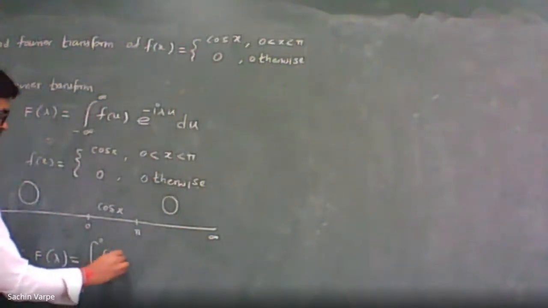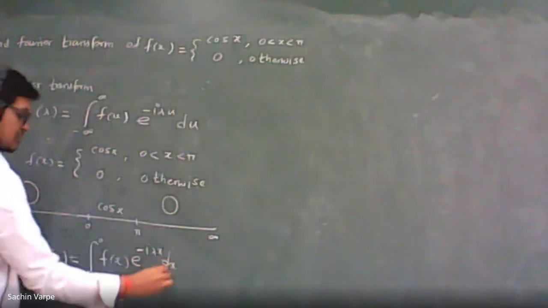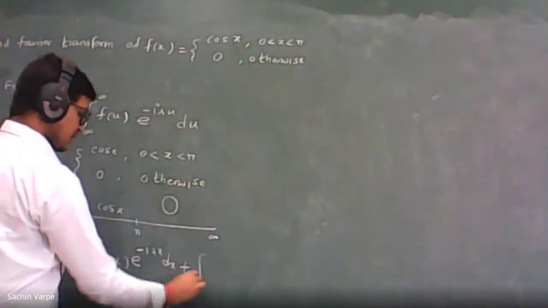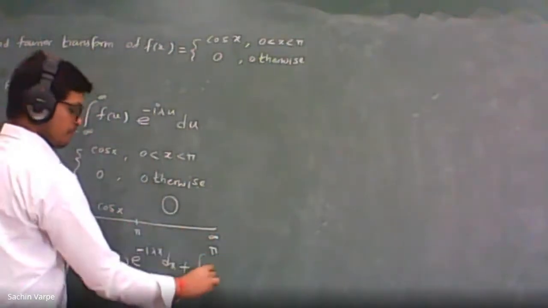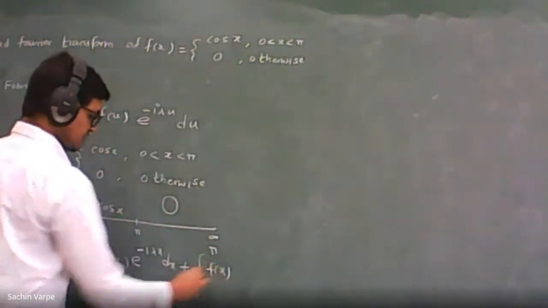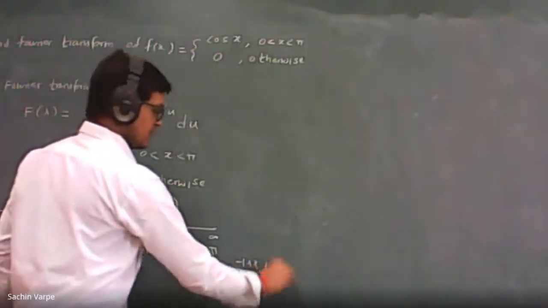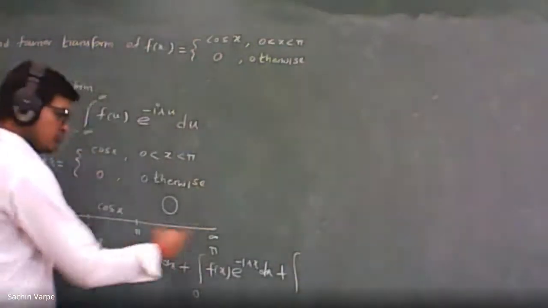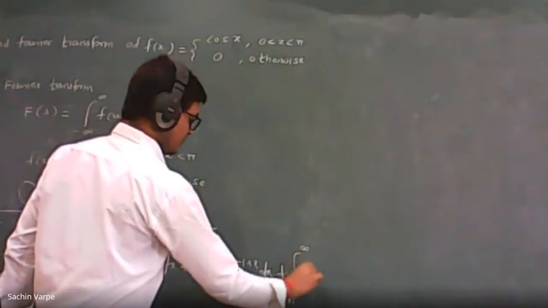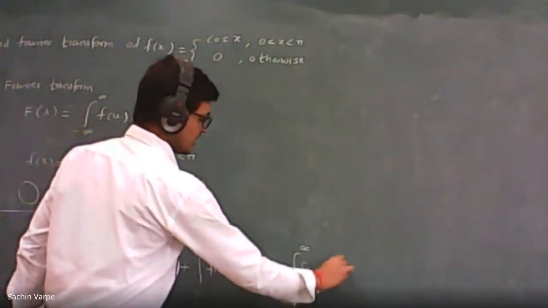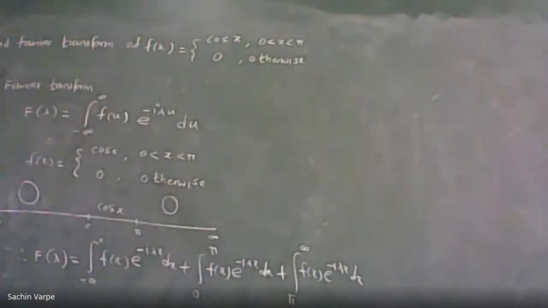So f of x e raised to minus i lambda x dx, plus integral from 0 to pi f of x e raised to minus i lambda x dx, plus integral from pi to infinity f of x e raised to minus i lambda x dx. Is that clear?